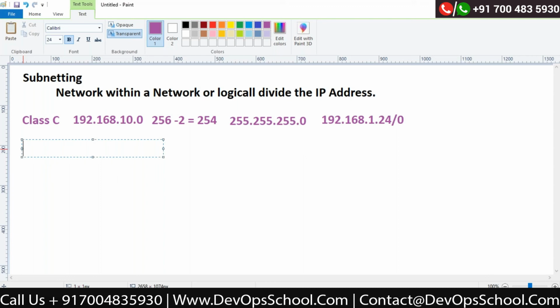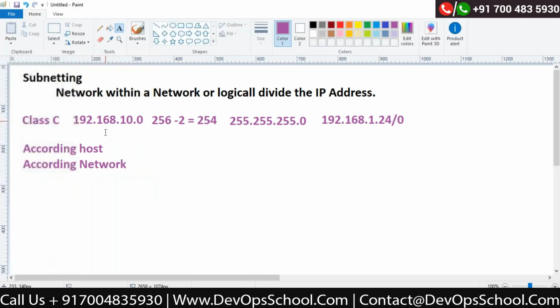Now there are two different ways we can do the subnetting: according to your host requirement or according to network requirement. I'm talking about only a single network now, and I'm going to divide this network into two parts. That is called subnetting. My maximum number would not change; rather, I'm dividing this number into smaller chunks.